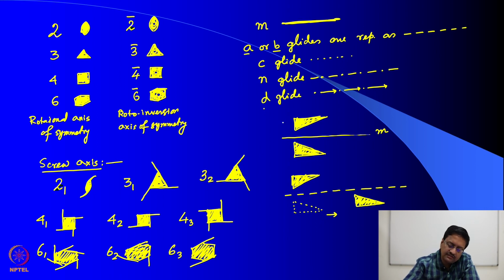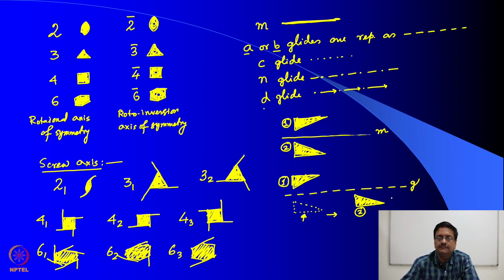So, here these two objects 1 and 2 are related by a mirror. Here the objects 1 and 2 are related by a glide plane G. There is no object here, I have just drawn it to show that initially it formed a reflection and then it got translated. So, this is the difference between the mirror plane and a glide plane.